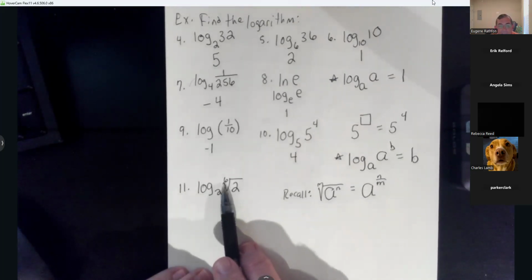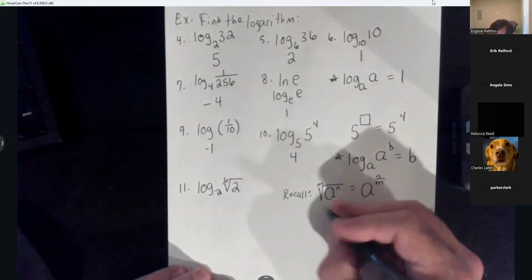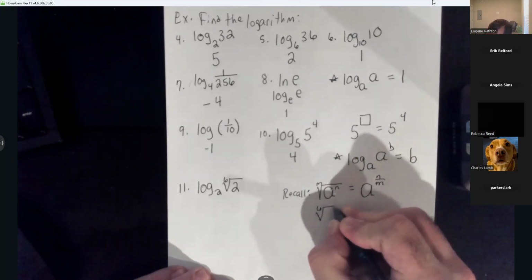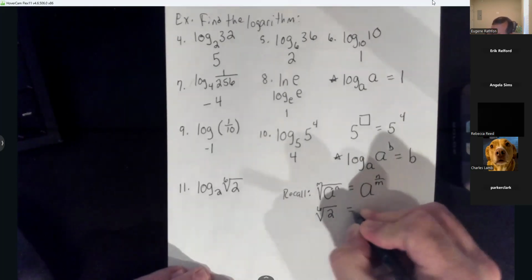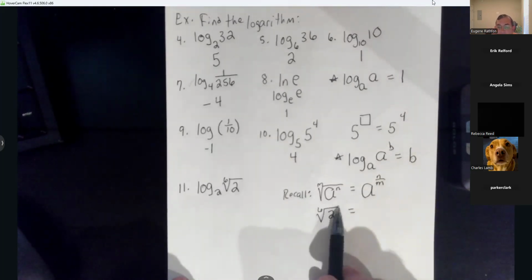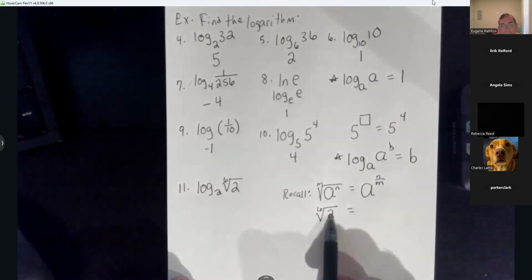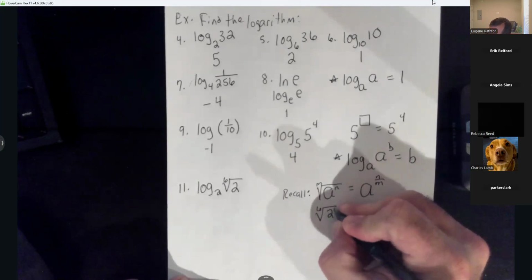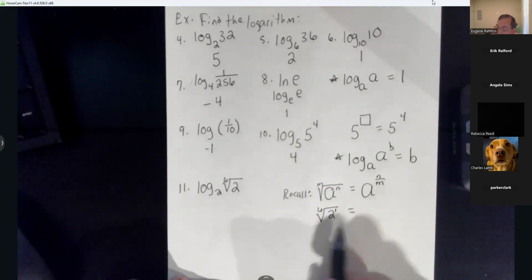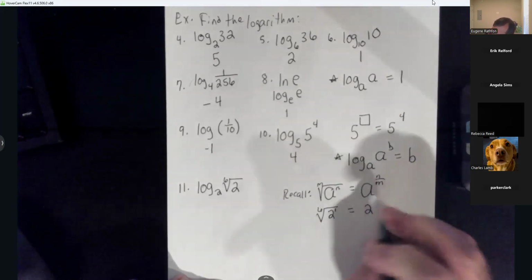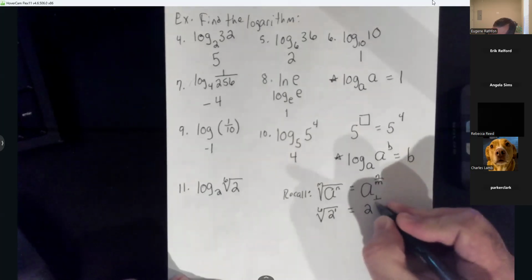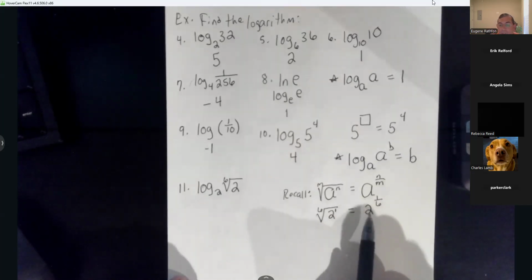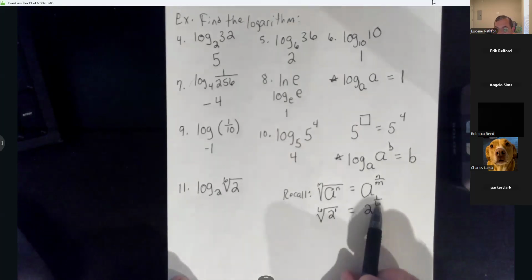So let's take this 6th root of 2. This 2 doesn't have an exponent by it, so what would you put for the exponent on that 2? Okay, Angela, that would be a 1. So treat that like a 1 there. This will become 2 to the exponent of 1 over the root of 6, so this becomes 2 to the 1/6.